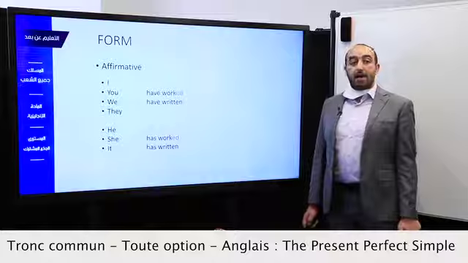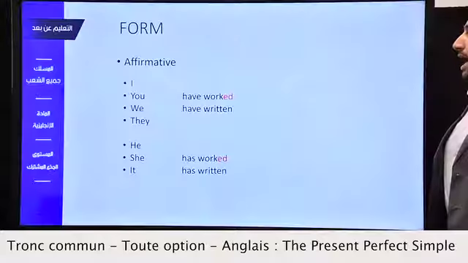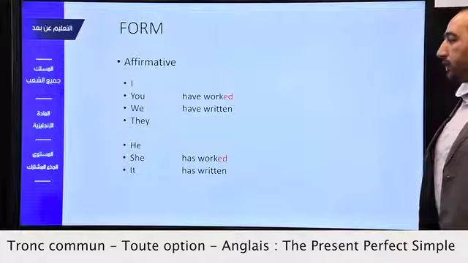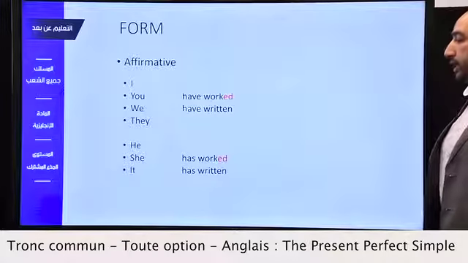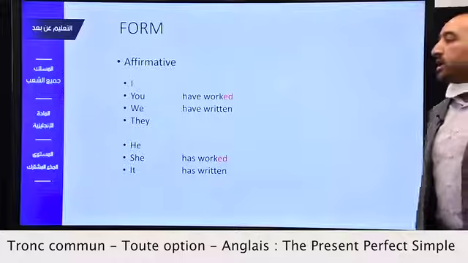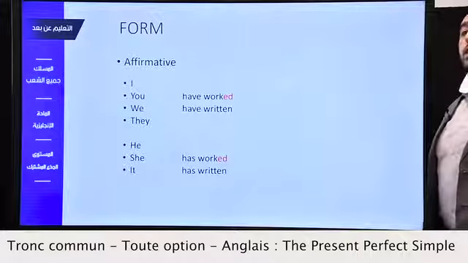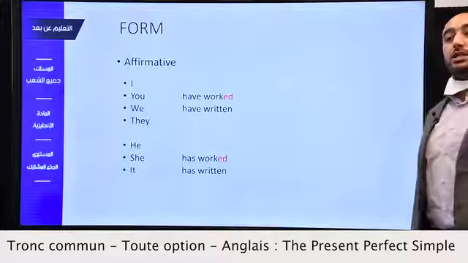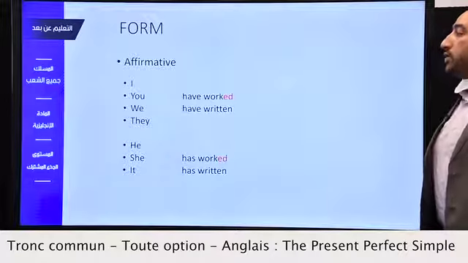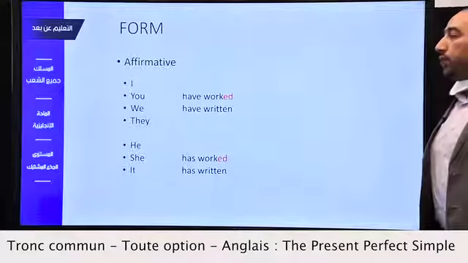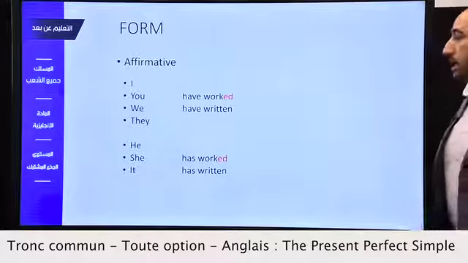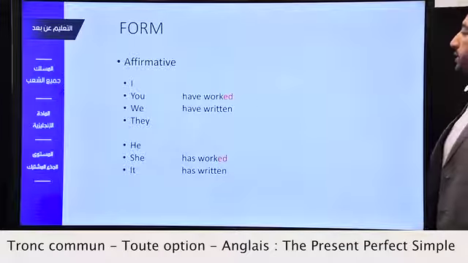I have worked, you have worked, we have worked, they have worked, he has worked, she has worked, it has worked. So here we use the auxiliary have or has plus the past participle of the verb. We use have with I, you, we and they, and we use has with he, she or it. This is concerning the affirmative.